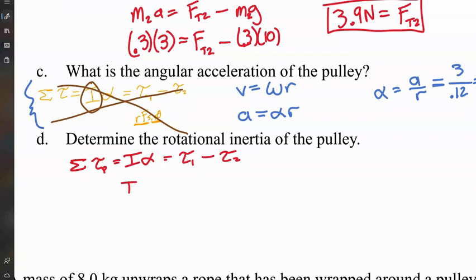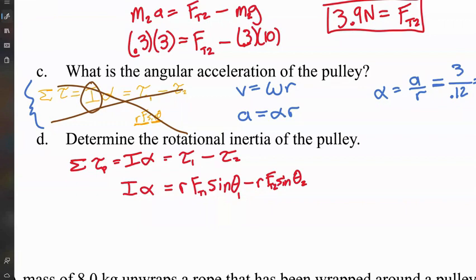Alpha we do know, but I'm just going to leave it there while we get some other expressions written down and plugged in for all these torques. Torque 1 is R times F of tension 1 times sine of theta. And then torque of tension 2, we have R, F, sine of theta, but that's for the second one. This is for the first one, and FT2 is that one.